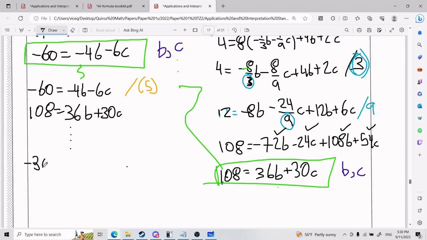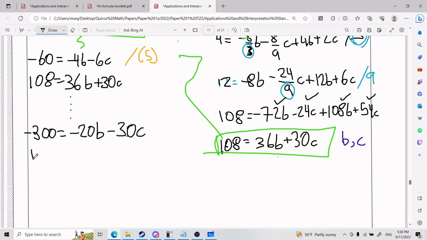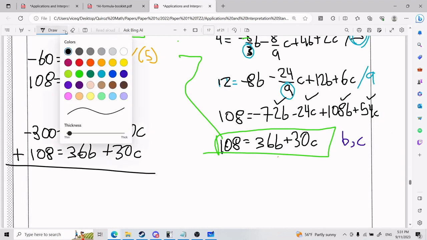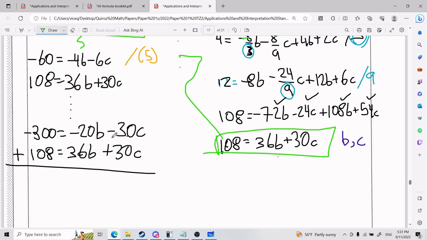It's negative 300 equals negative 20b minus 30c. 6 times 5, yes, negative 30. And down below I have 108, the one that didn't change, ¿cierto? 36b plus 30c. And so now if I go ahead and add both, you're going to see that one of these guys gets eliminated. Negative 30c plus 30c, it's going to be 0. See? So what do I end up with? I end up with negative 300.